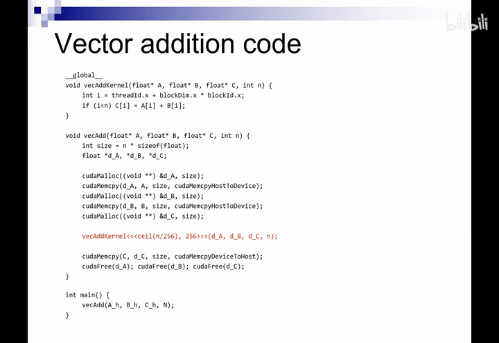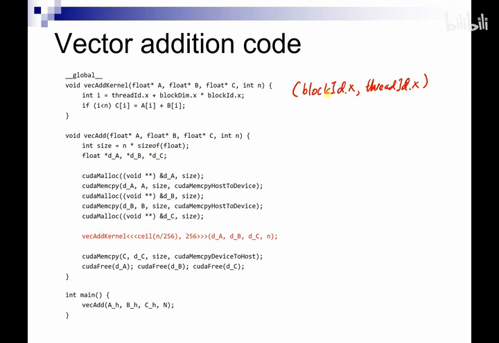Actually, the way to say this is that if you take any thread and look at its block ID.x and its thread ID.x, then if you look at two different threads, they're going to have different pairs.